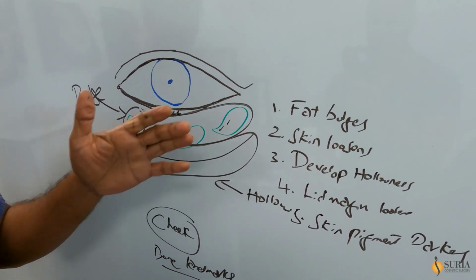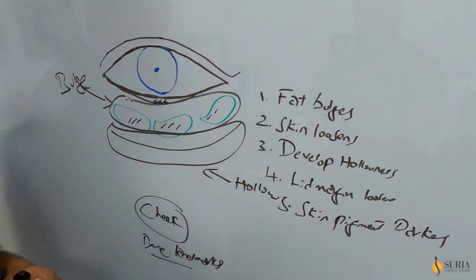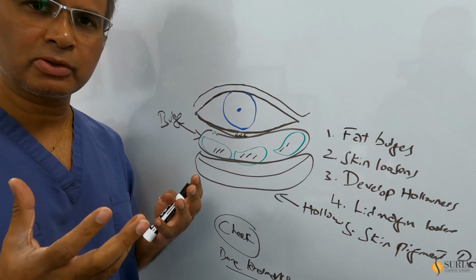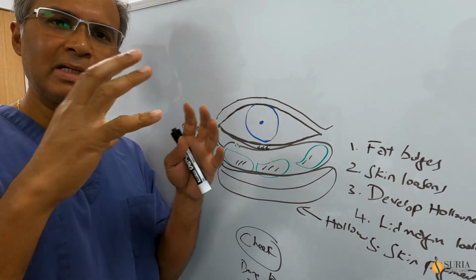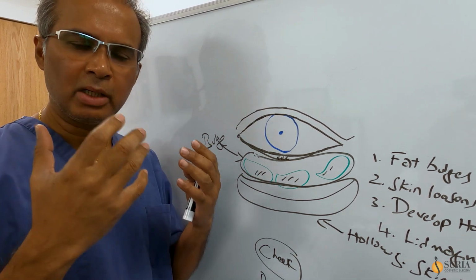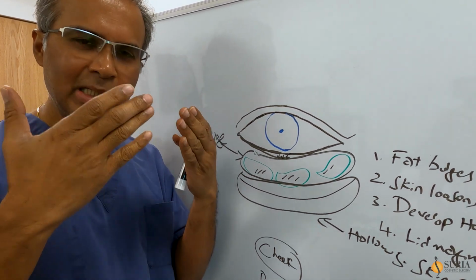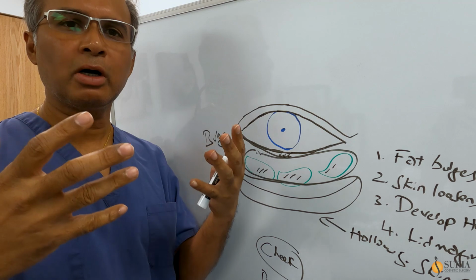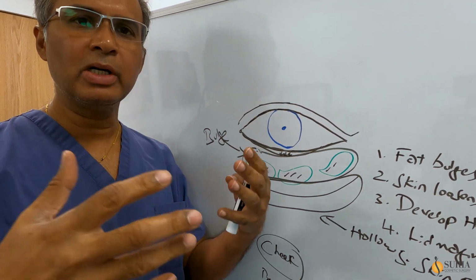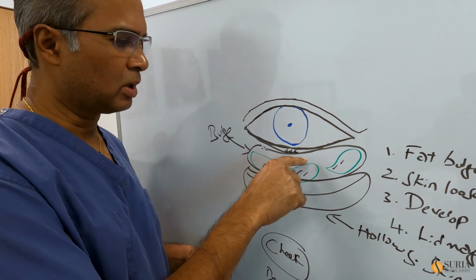So let's take, what do we do about the fat bulges? These fat bulges are actually cushions, in a sense, for the eyeball as it sits inside the bony socket of the face. As you age, the covering that keeps it where it needs to be gets softer and weaker and loosens, and then the fat essentially herniates outward and creates these bulges.